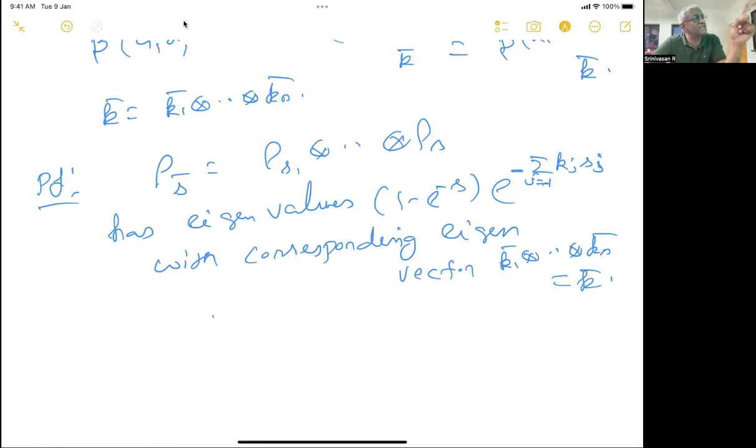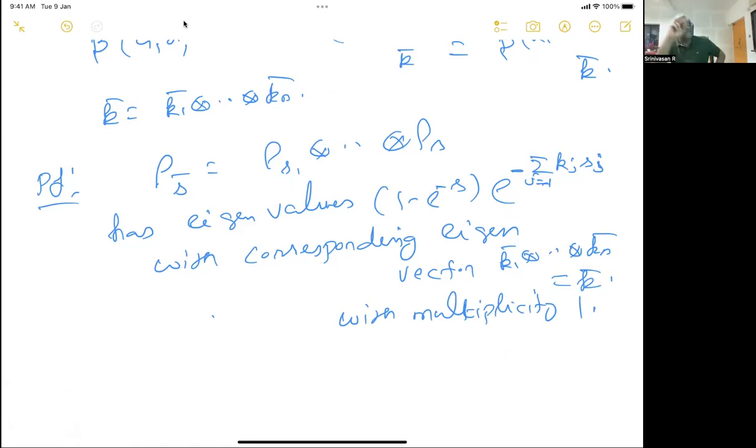Each of these rho s has eigenvector k1 tensor up to kn with eigenvalue with multiplicity 1. The reason is that the eigenvalue does not repeat. Each in the tensor product, the ith one has k1 as something.